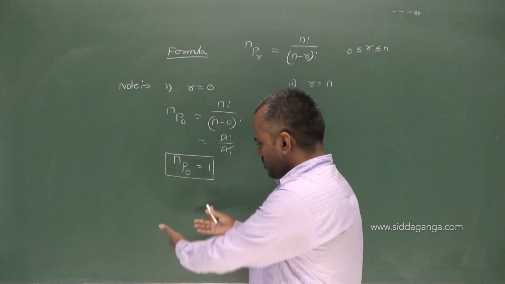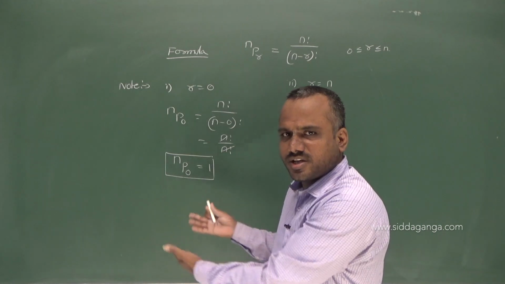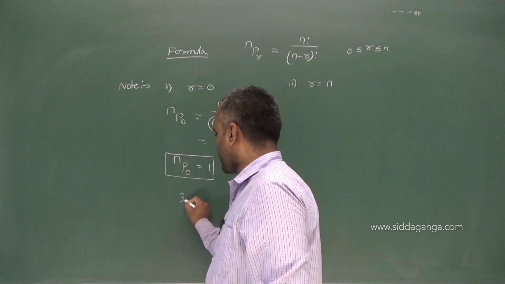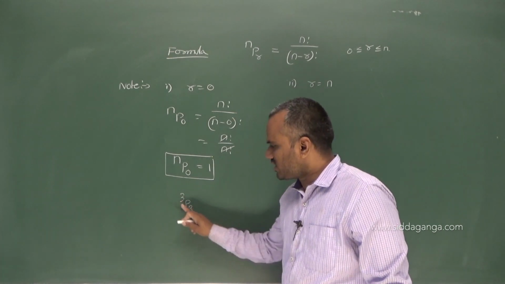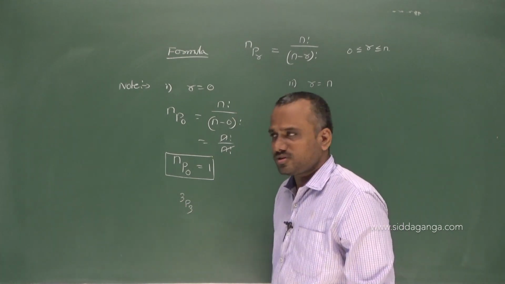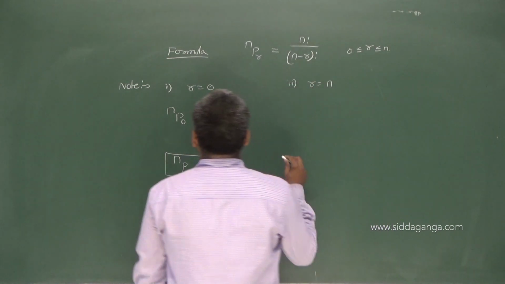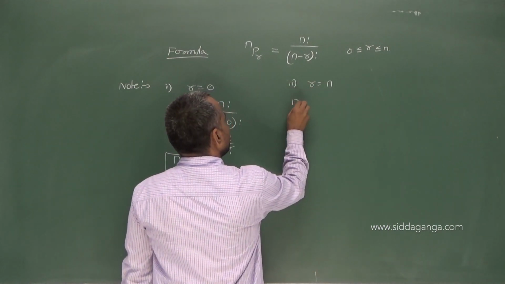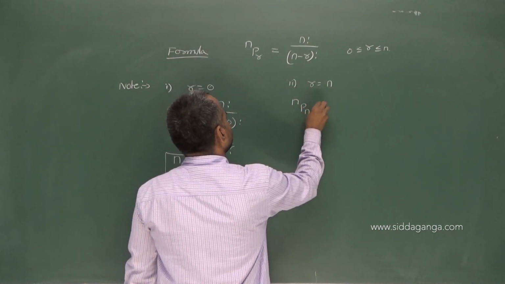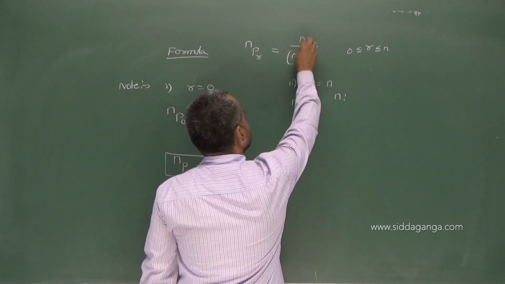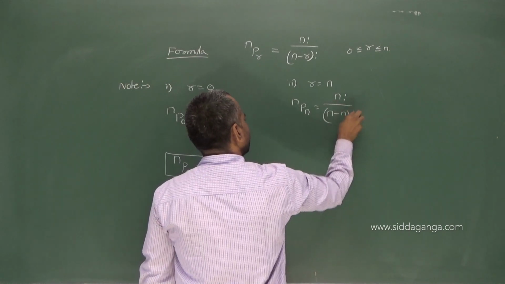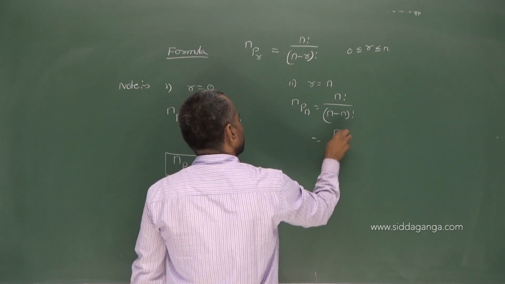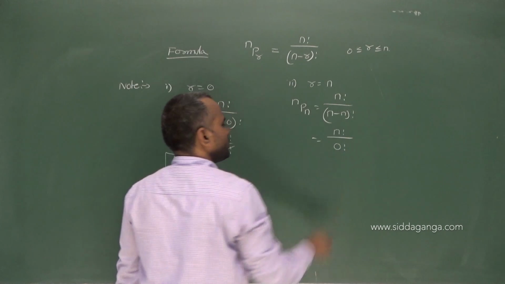Just now I read here 3 objects taken 3 at a time, 3P3. Both are the same, r is equal to n. We will see in the formula what result it gives. n factorial, I substitute here, (n minus n) factorial in the denominator, that is 0 factorial.